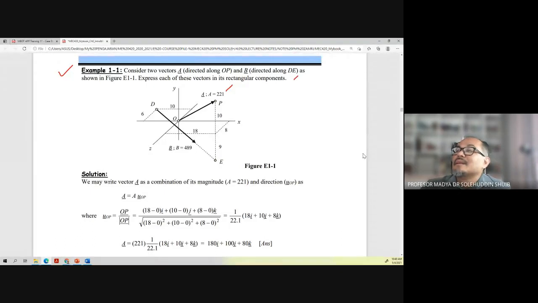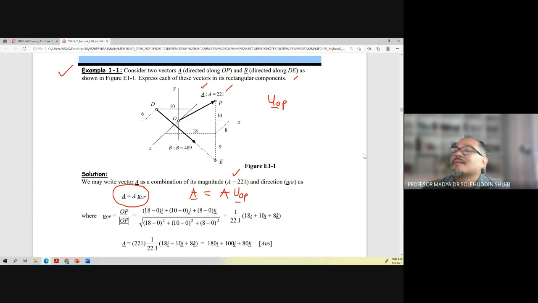For this one, we want to write vector A as a combination of its magnitude and its direction, the unit vector U OP. So the first equation you need to write is this one: vector A equals the magnitude of it, which is given, times the unit vector OP.